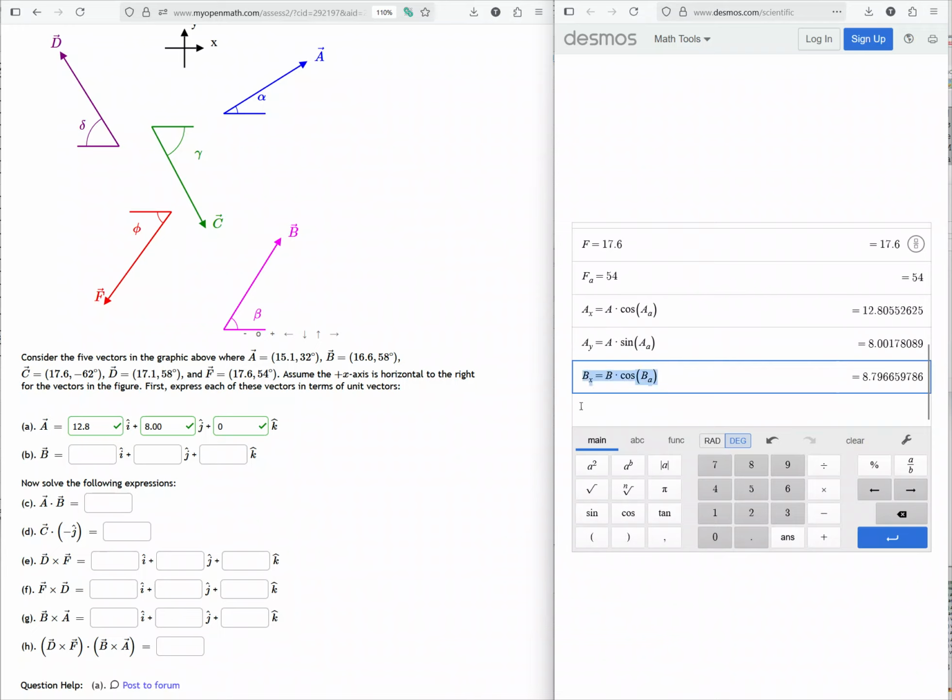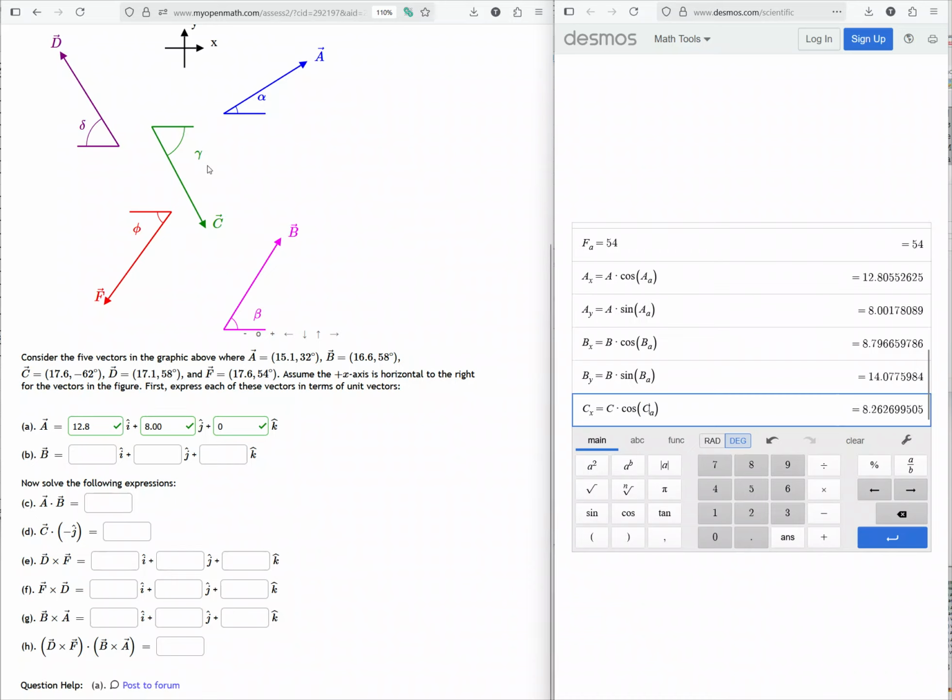So I'm going to copy this, and then I'm going to go Y. And I'm going to do the same thing for C. Now here, C is in the fourth quadrant, so the x component is still going to be cosine of the angle, even if the angle is negative, so we're fine.